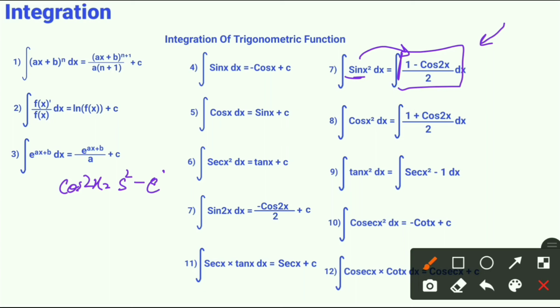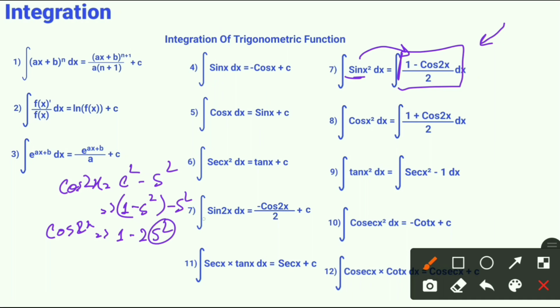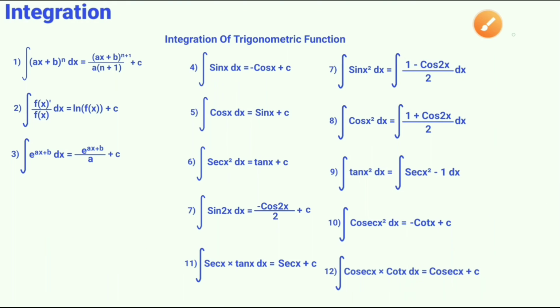So cos 2x is equal to cos square minus sin square, and then 1 minus sin square minus sin square, which is 1 minus 2 sin square. Now we have sin square here, and I'm going to make it the subject. So sin square is equal to (1 minus cos 2x) upon 2, just like I've shown here.